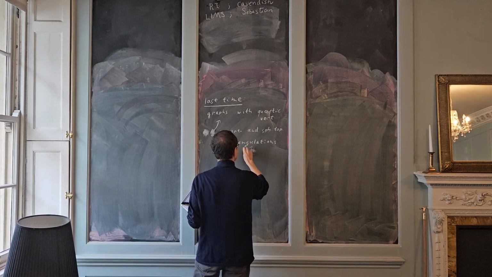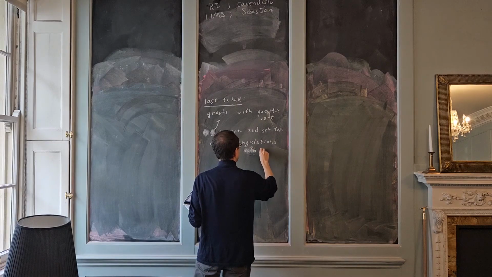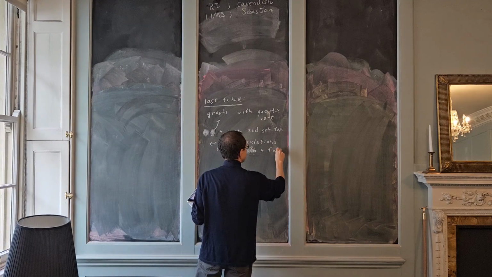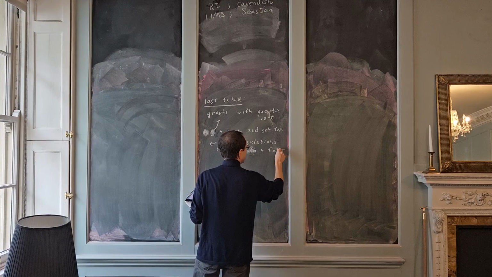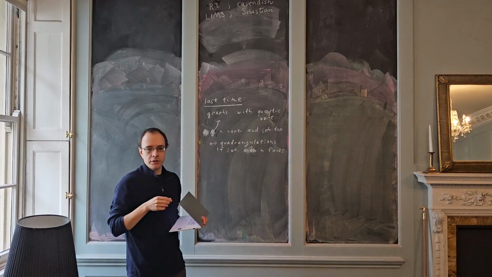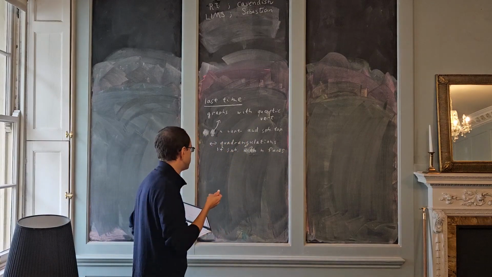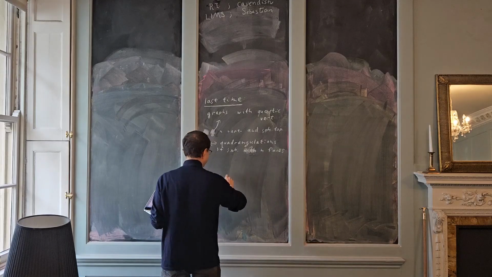Well, with n plaquettes, with n faces. The reason is very simple. For any graph, we can consider what's known as its dual graph.